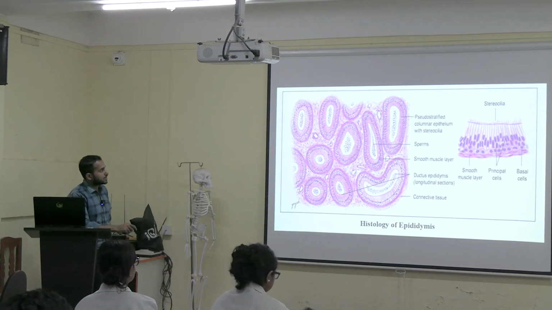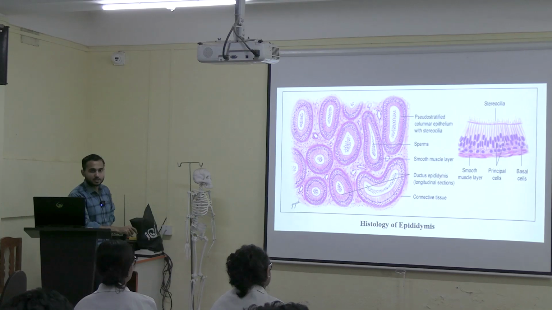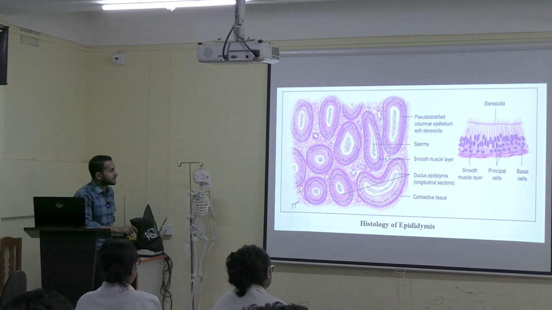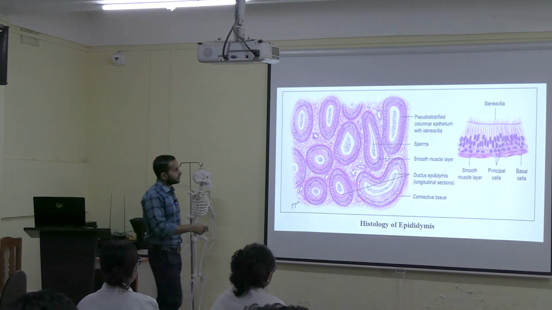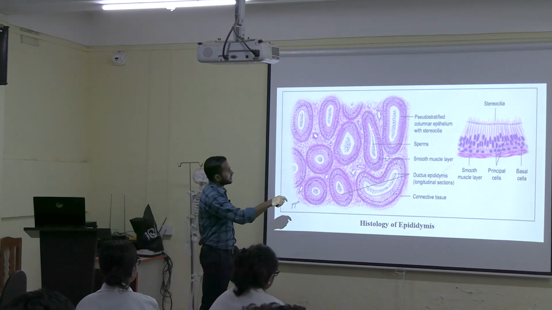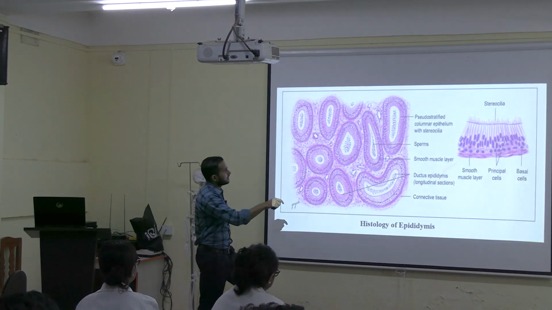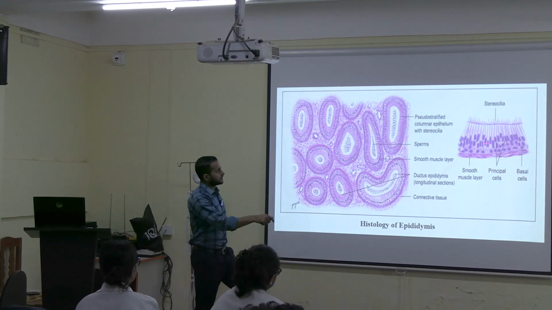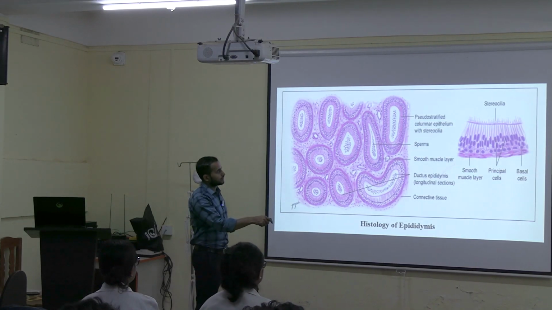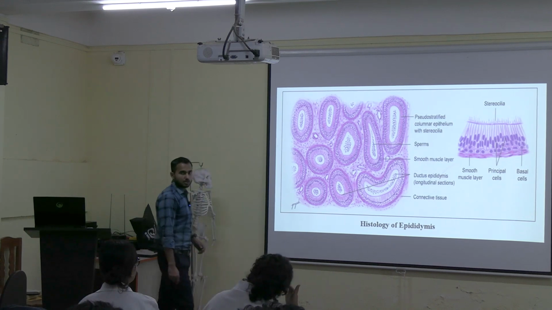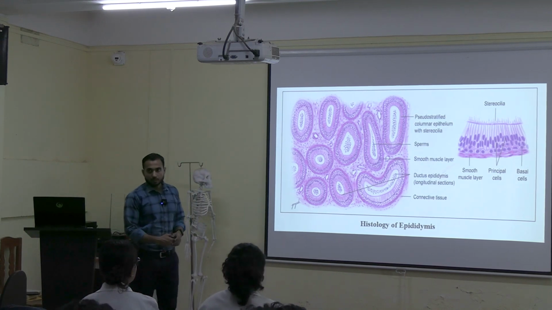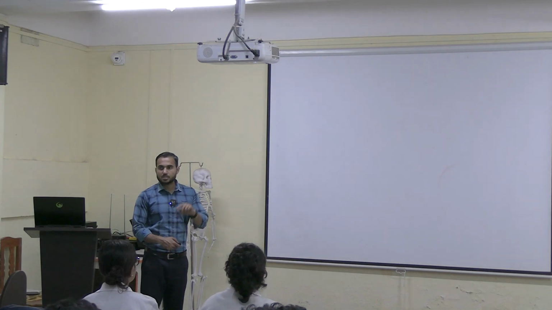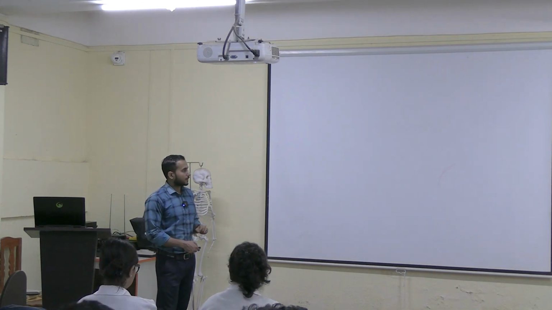Now can you see the structure of the epididymis? Almost it is looking similar to the testis, right? But there are some differences. What are those differences? First of all, if you take one cut section, the lining epithelium will be different. See the magnified view, the lining epithelium is pseudostratified columnar epithelium, where two types of cells are there, principal cell and basal cell.